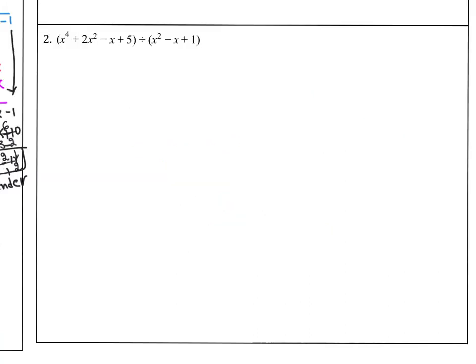Question number 2, we are dividing x to the 4 plus 0x cubed plus 2x squared minus x plus 5. Just reminding you that x cubed term is missing, so we're going to write 0x cubed on our own, and then we are going to divide it by x squared minus x plus 1.